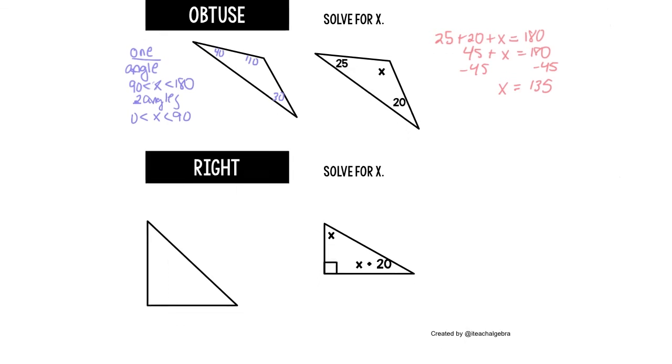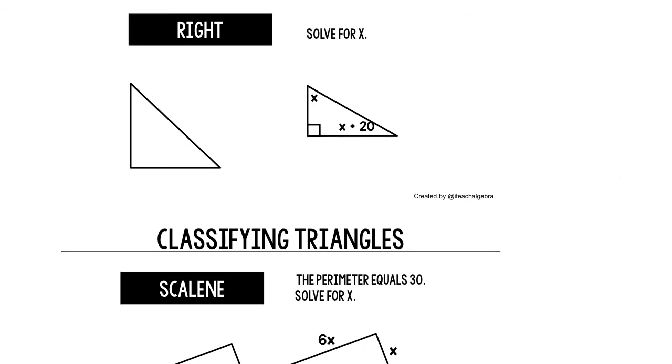All right. Last but not least, we have a right triangle. That means that one angle is equal to 90. The other two angles are complementary, or they have to add up to 90, because the whole triangle, all the angles add up to 180, and half of 180 is 90, and the other two have to add up to the other 90.